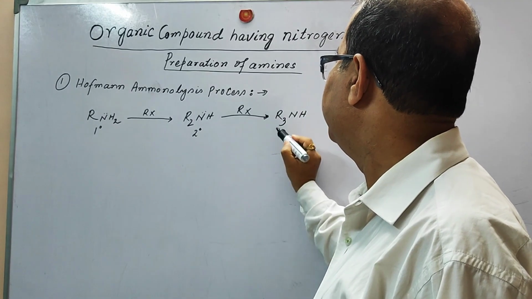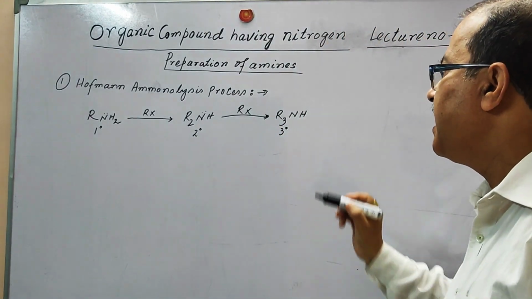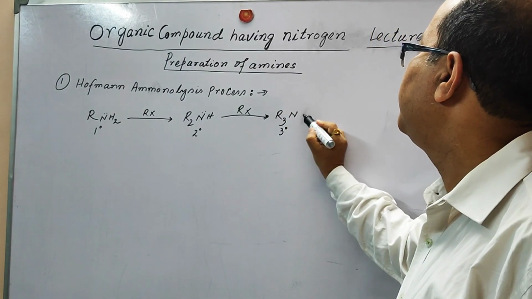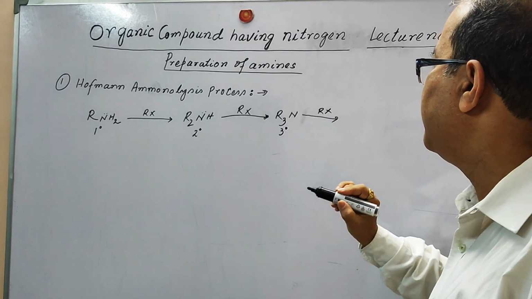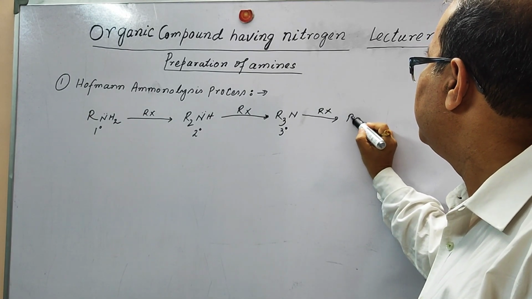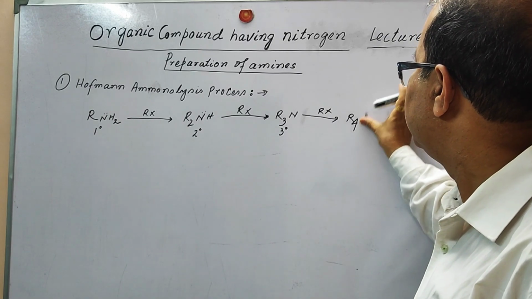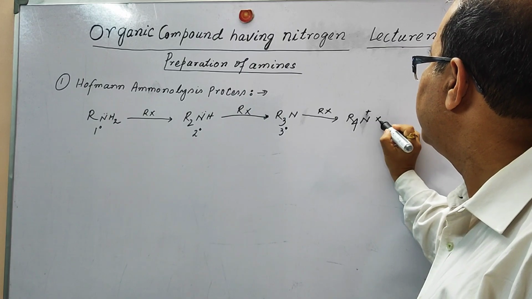tertiary amine. The secondary amine is going to produce the tertiary amine, and after that the tertiary amine will again attack the alkyl halide and produce the quaternary ammonium salt.